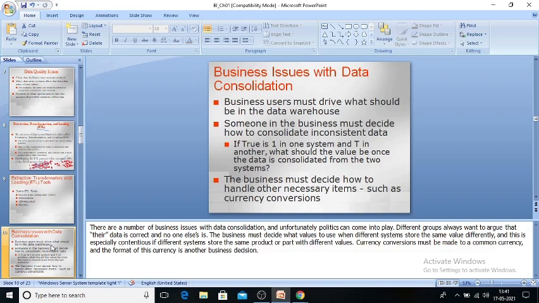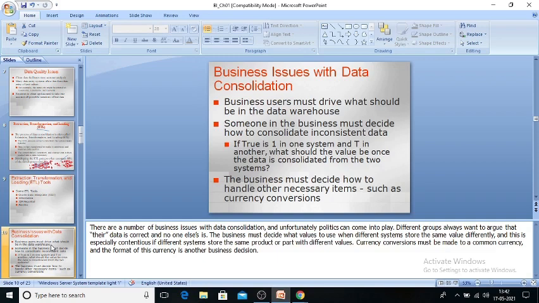The business must decide how to handle other necessary items, such as currency conversions. See here now, if your business is international, having branches all over the world, the branch which is there in US is following the currency in dollars.